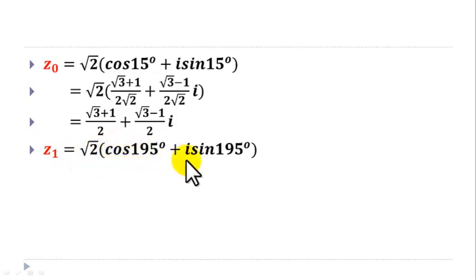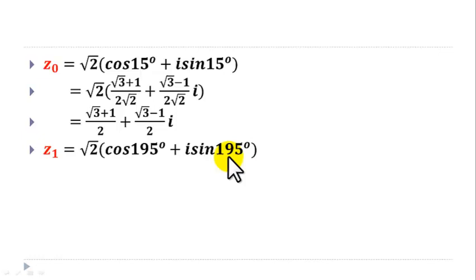195 degrees plus I sin 195 degrees. Please note that 195 degrees is an angle in the third quadrant, and cos is negative in the third quadrant, sin is also negative in the third quadrant. And to find the trig ratio for angles in the third quadrant, we have to subtract 180 degrees from that angle.